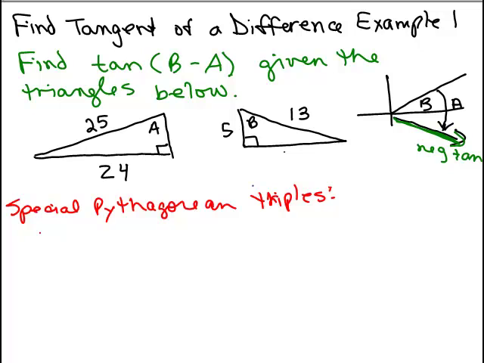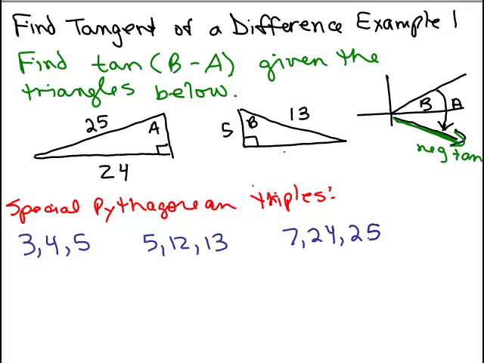That means if you're just looking at two legs and the hypotenuse, 3, 4, 5, probably most of you are used to that triangle by now, where if the two legs are 3 and 4, the hypotenuse is 5. Another one is 5, 12, 13. That's one we've done a lot. And the other one is 7, 24, 25, and there's a lot more than that. There's infinitely many, but actually the ones you see here are in these triples.